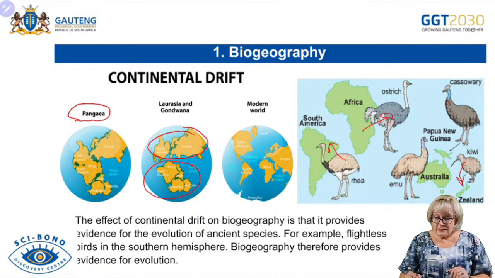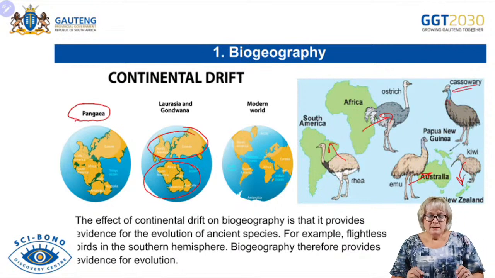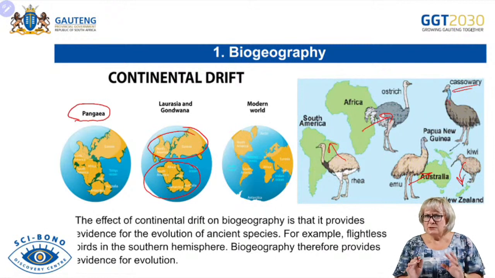In Australia, we've got an emu, and then also in New Guinea, we have the cassowary. All right. So if you look at these birds, they all look the same, more or less. So it looks like somewhere, somehow, there could have been an ancestor.